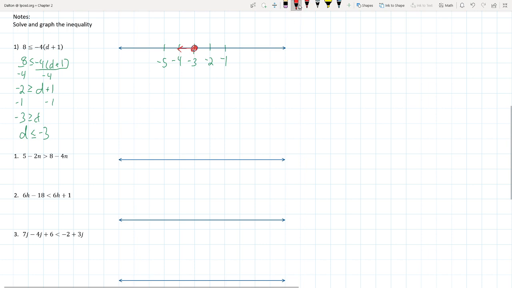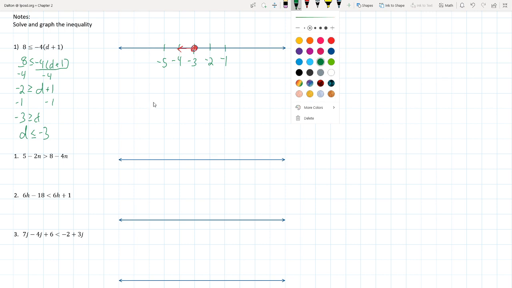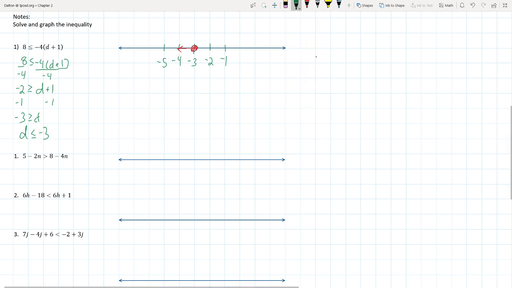Like I said, there is another way of doing this. The other way of doing this is to distribute this -4, and I'll do that just really quick over here, not really describing in detail too much besides the first part. So I distribute this -4 out, so I get 8 is less than or equal to -4d minus 4. I'm going to add 4 to both sides.